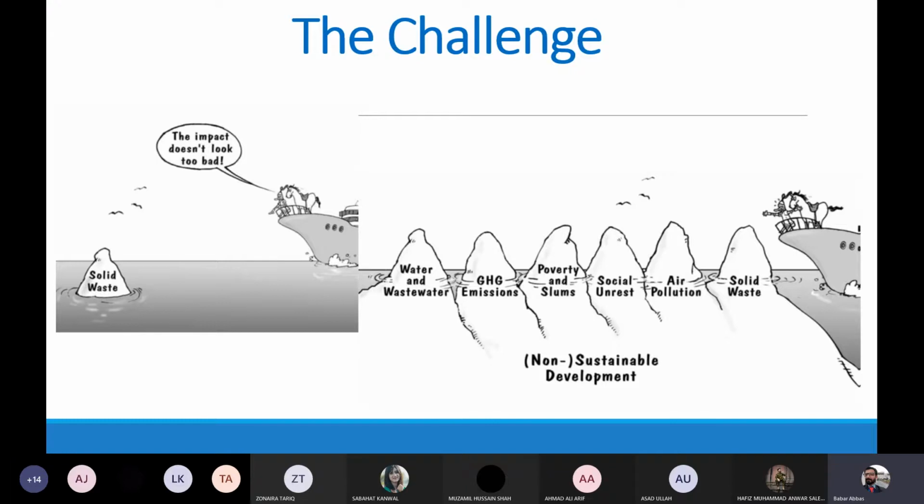We need to discover, or we need to adopt the already discovered processes which are removing or reducing the solid waste in the society. Biogas production system is one of those processes, and it is the need of the hour that we should adopt the biogas production system in our communities, so that we can reduce the solid waste in the society, and ultimately we can reduce all these problems in our society.